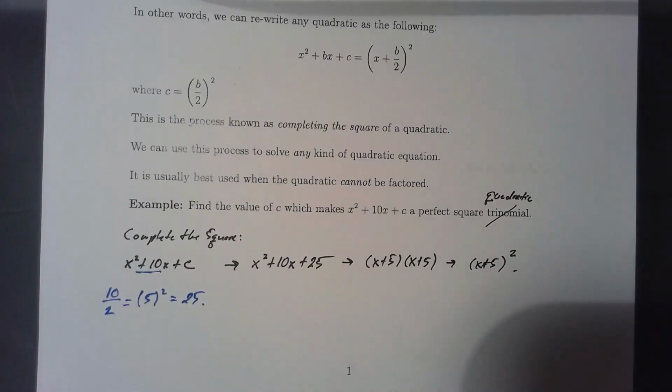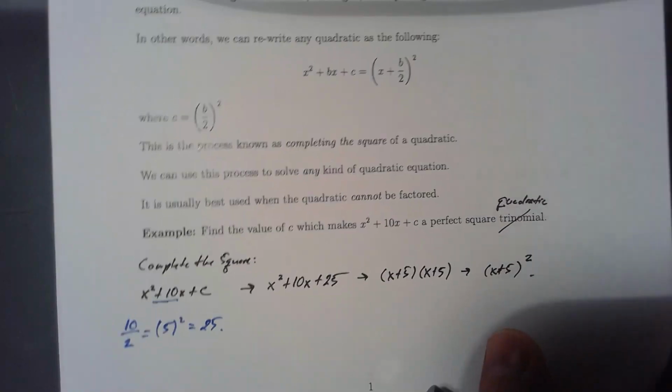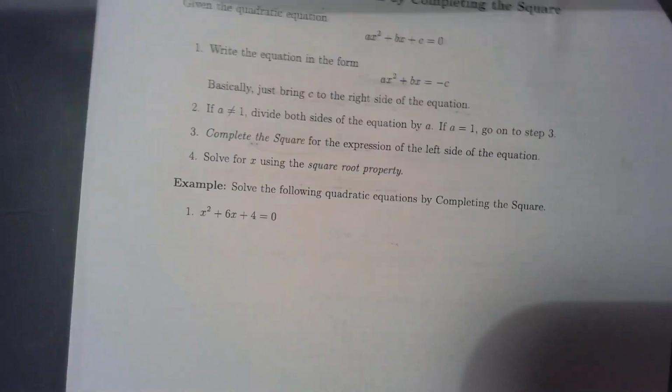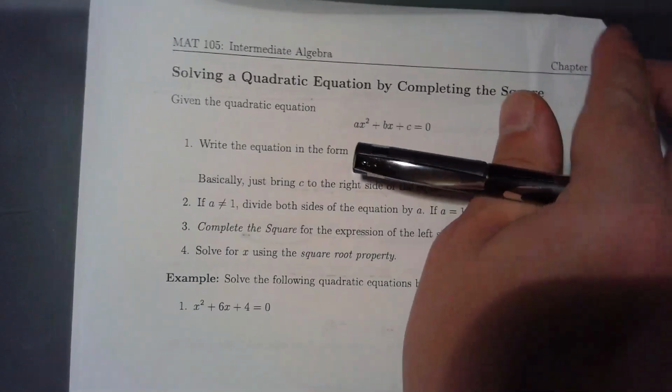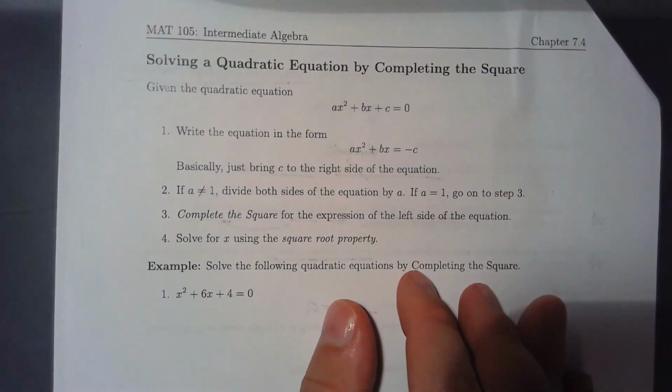All right. So let's actually look at some examples. I have 4 examples here. 1, 2, 3, 4. So this is the process for completing the square.